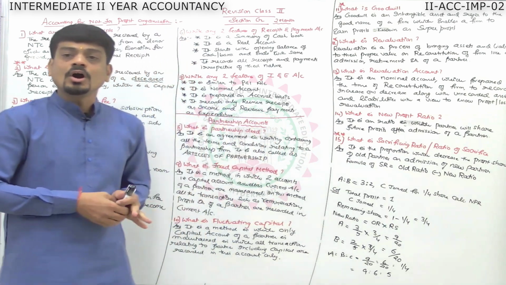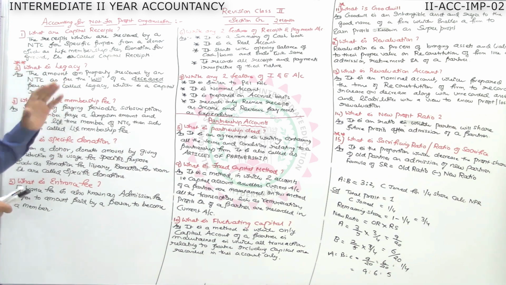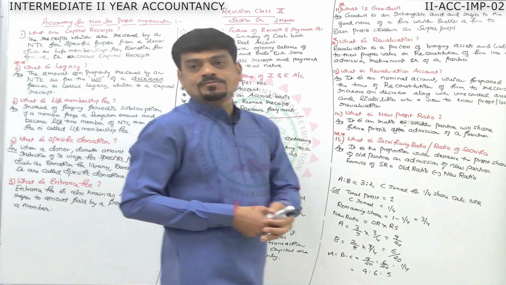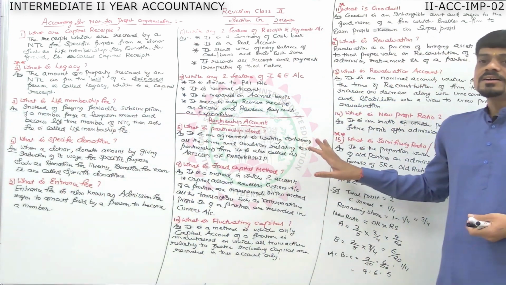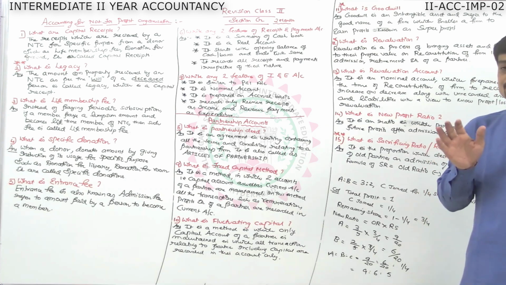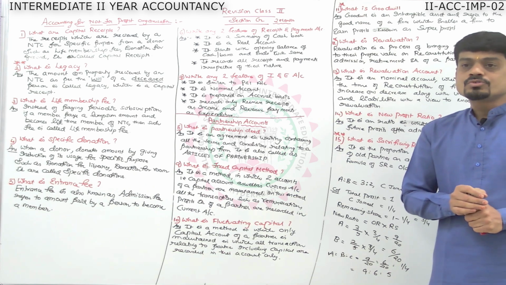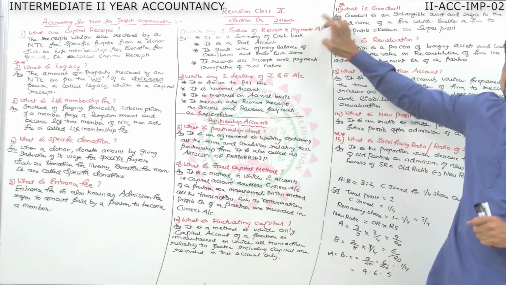So this was all about your section G, 2 marks. Having said this, yesterday's 14 questions and today about 15 questions, altogether about 30 questions. If you are perfect with these 30 questions, I assure you to score 10 out of 10 in this section G.